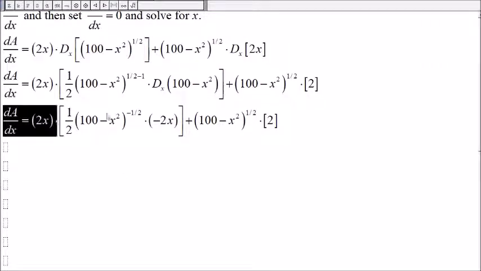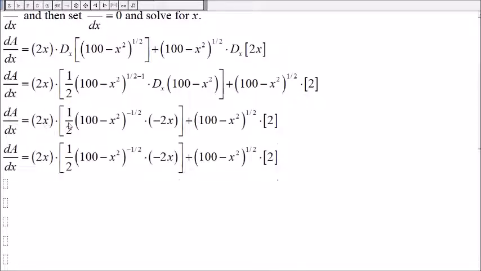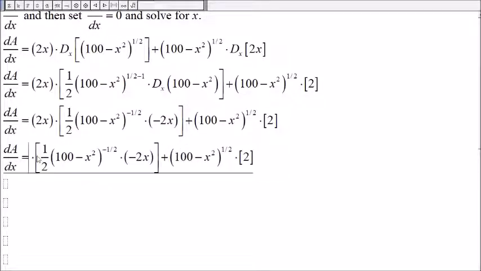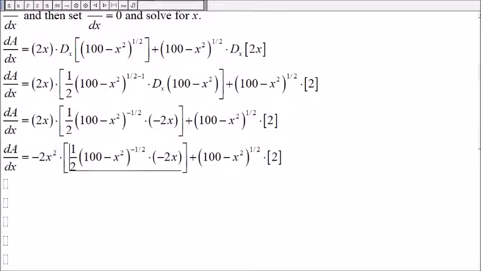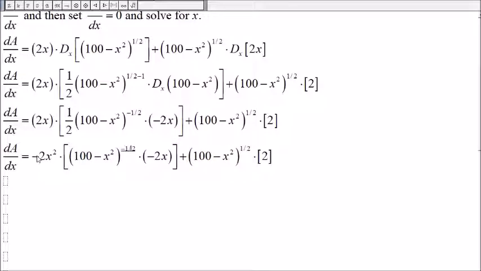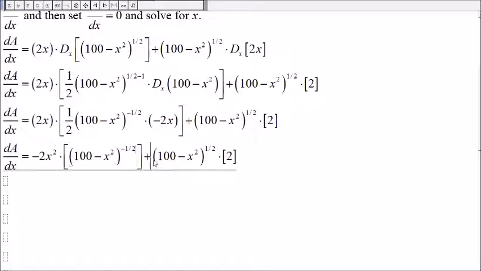Now let's simplify this. We have 2x times 1/2, which is x, and then times negative 2x. So that becomes negative 2x squared. And the 2 here, we can just put in front.